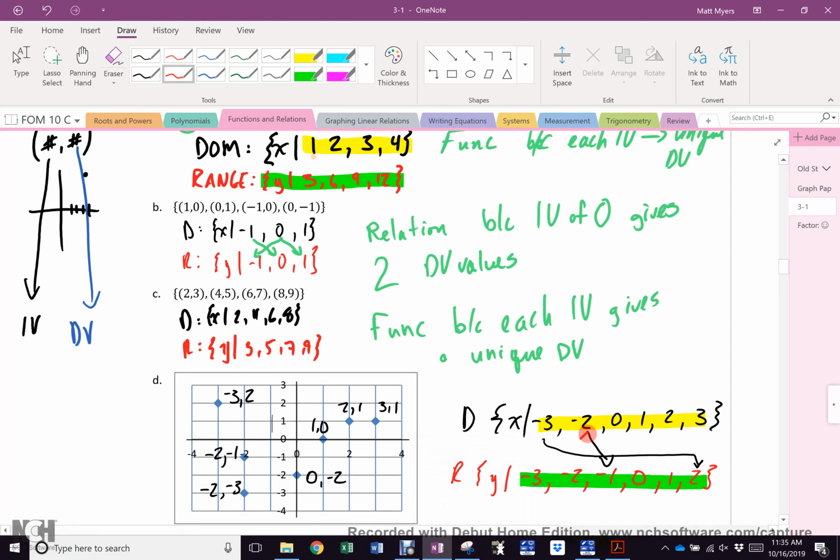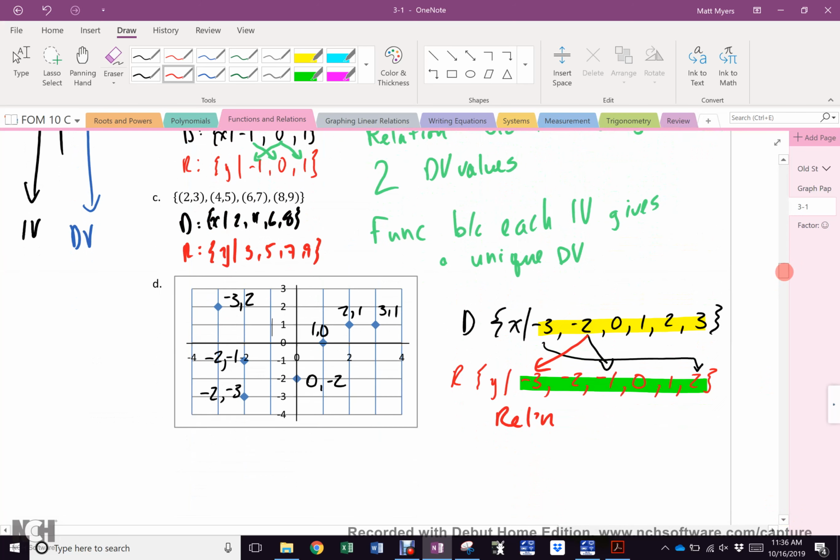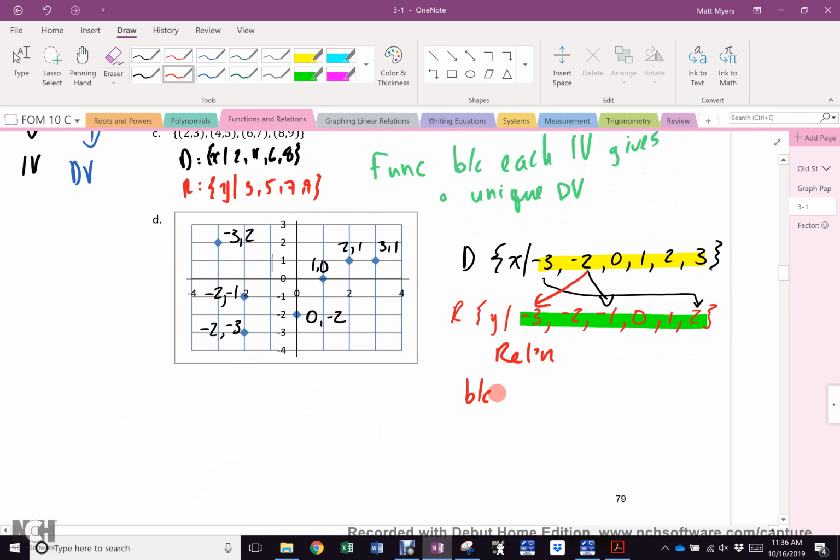Okay, when I'm at negative 2, negative 1, and negative 3. One independent variable with 2 dependent variables. Is it a function or a relation? It is a relation. Why? Because at x equals negative 2, is x an independent variable or a dependent variable?